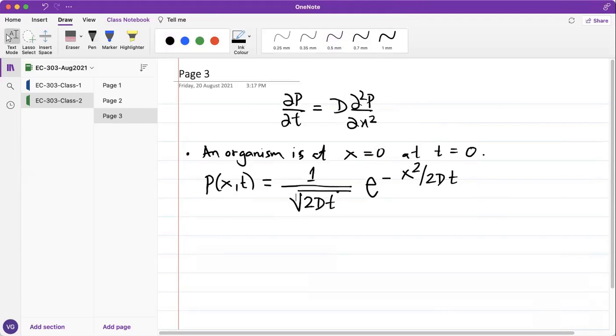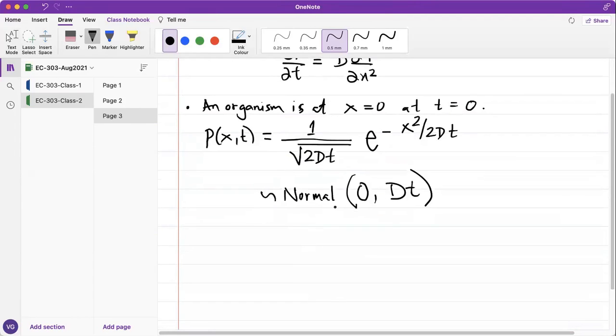The probability density of the animal at location X and time t is e power minus x squared by 2Dt. This is basically a normal distribution with mean 0 and a variance of Dt. Now, I don't know how many of you understand this notation.